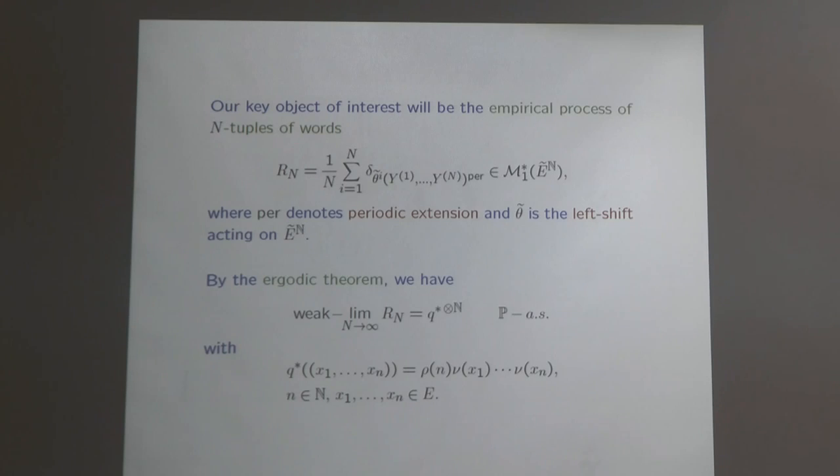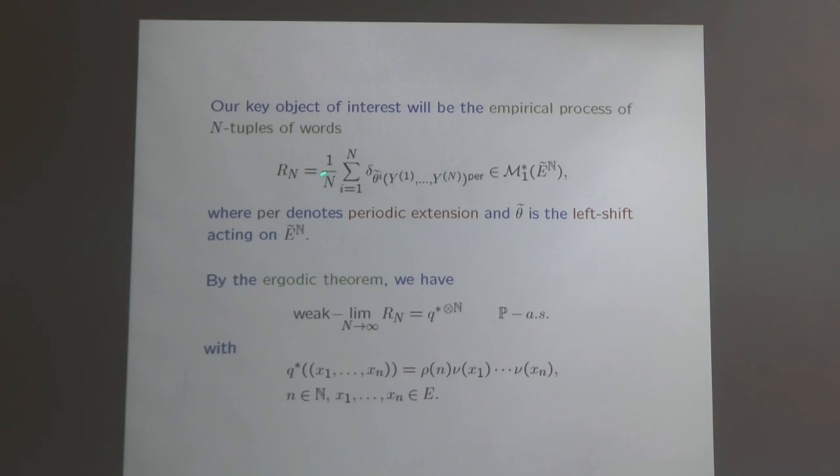Okay, so the way we're going to do that is we're going to build the empirical process of these words. And remember what I was saying yesterday, how do you build that? You take the first capital N words, you periodize this to an infinite sequence where this is being repeated, and then you shift this sequence around N times, so that you just randomize over which word you want to consider to be the first.